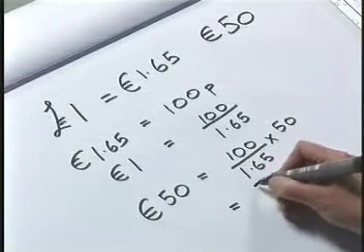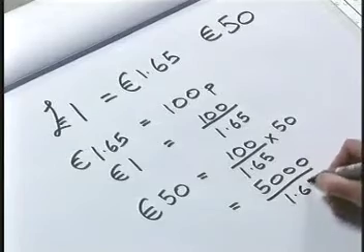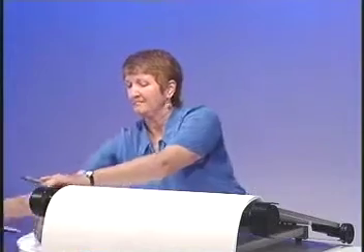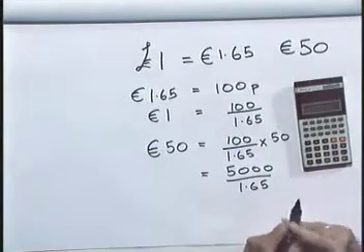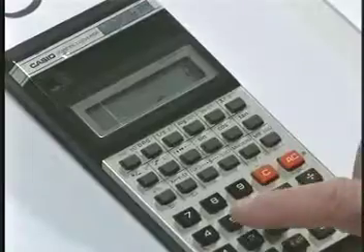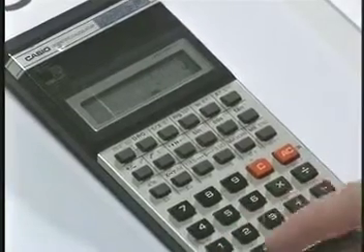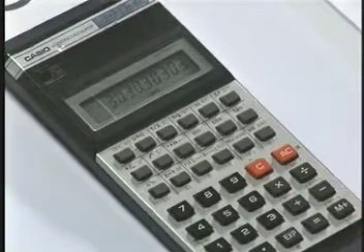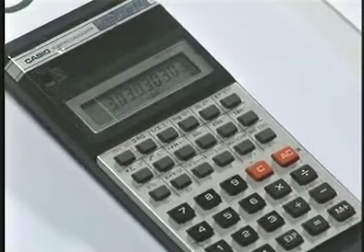And that is 5,000 divided by the 1.65. Now, I am not going to do this by long division. I'll use my calculator. And I just type in the relevant numbers. 5,000 divided by 1.65 equals 3,030.30.30, repeating.